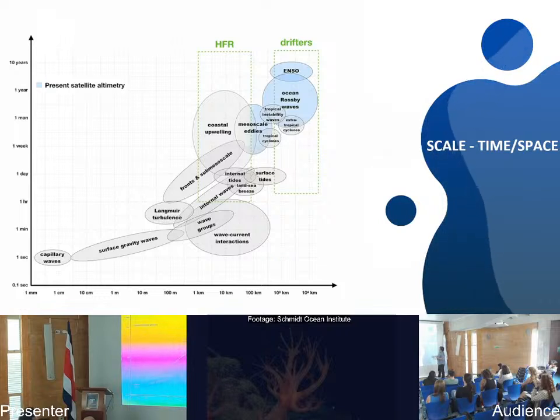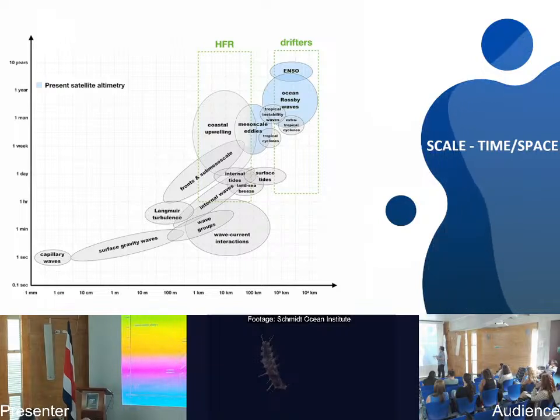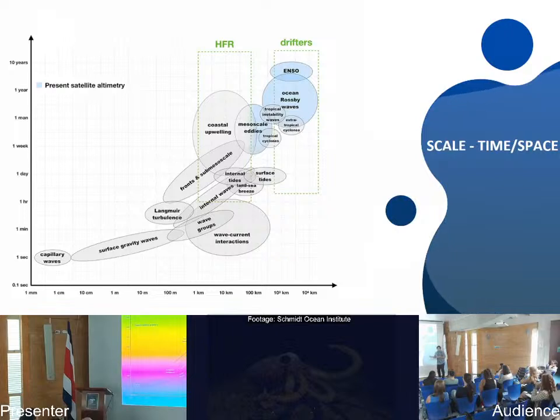In the ocean, in the atmosphere, and in the planet in general, we have a lot of different processes that can be plotted here, and we are able to understand them with certain tools, depending on the type of tool that we have.